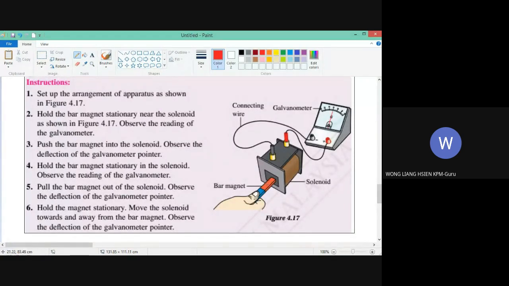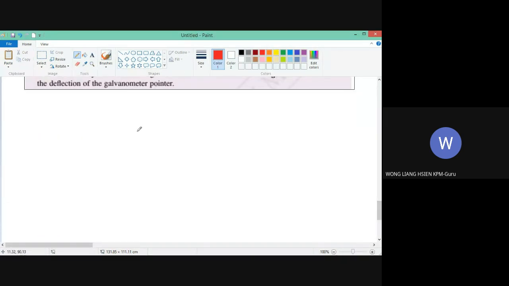And when we push a bar magnet inside through the solenoid, it will also induce EMF inside the solenoid. So this is the solenoid, a coil of wire. We connect it to a galvanometer.